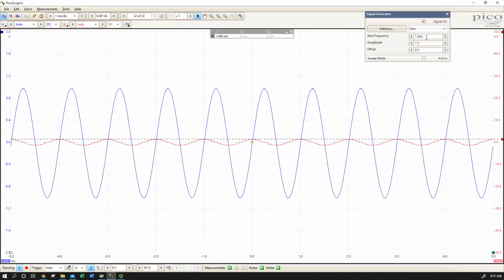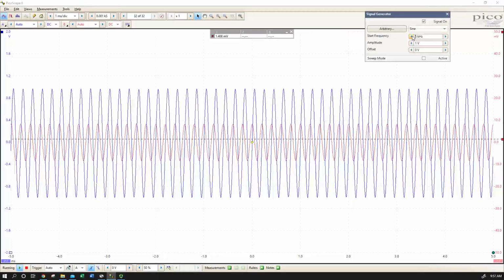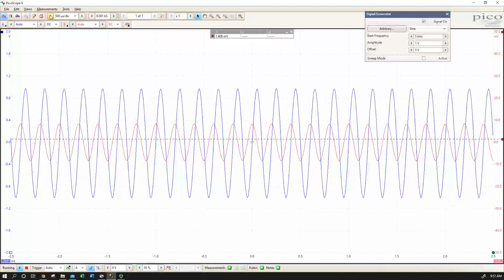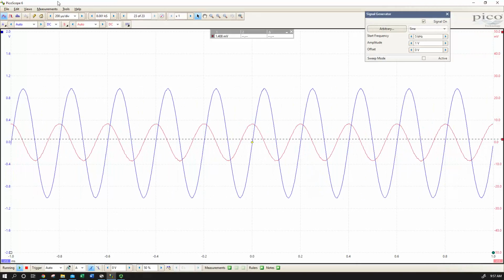Okay, so let's put in a frequency that's a little closer to resonance. Let's go to, say, 5K. Okay, two things happened. First, we didn't see a big rescaling. We're still at 50 millivolts auto scale on our channel B, the voltage drop over the resistor. We'll adjust our horizontal scale a little bit, but we saw that the amplitude increased quite a bit.